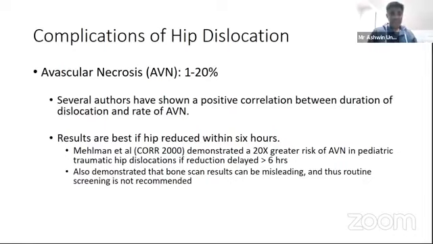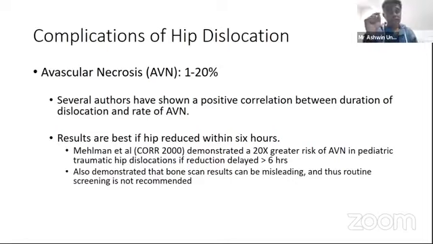Avascular necrosis of the femoral head is implied in the majority of the research that is available, that your risk of AVN increases as your surgical time delays, and hence I have previously suggested that it should be reduced as soon as possible. Some of the numbers relate to within 6 hours. There's a higher chance, a 20 times higher chance, if the hip is not reduced. The research has come down a little bit on the numbers, but the most important point is to reduce the hip.